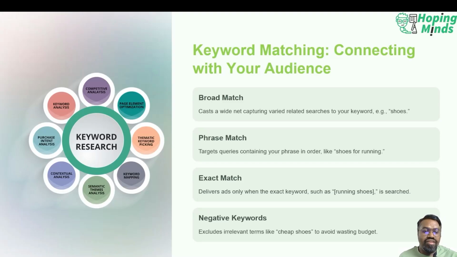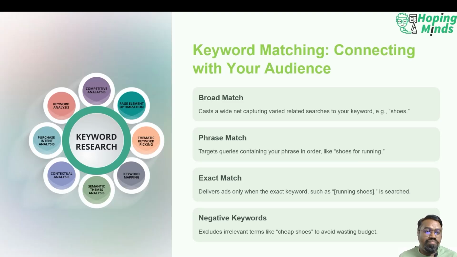Next is negative keywords. Let's say my shoes are branded shoes, valuable shoes, not cheap shoes, pretty expensive shoes, right? So we need to exclude irrelevant terms like cheap shoes to avoid wasting the budget.